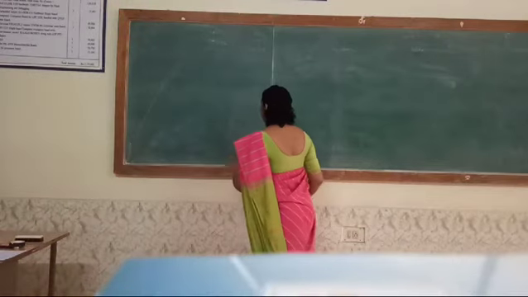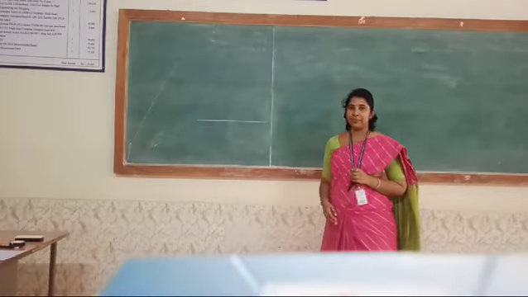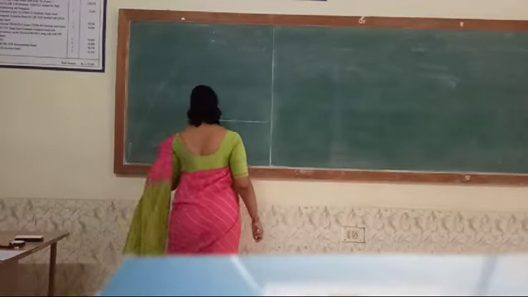So let's say we have a rail. On this particular rail, we have a conductor.